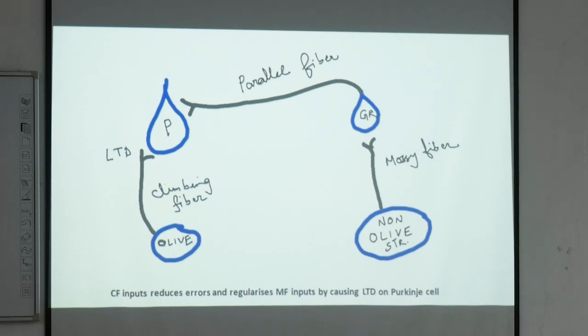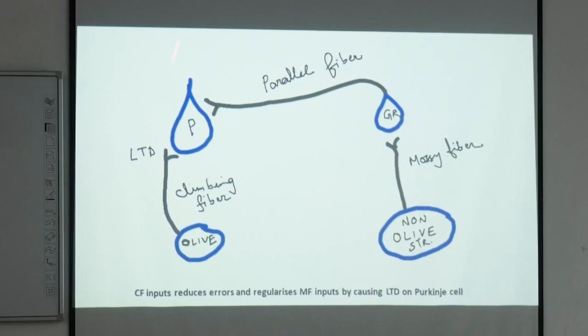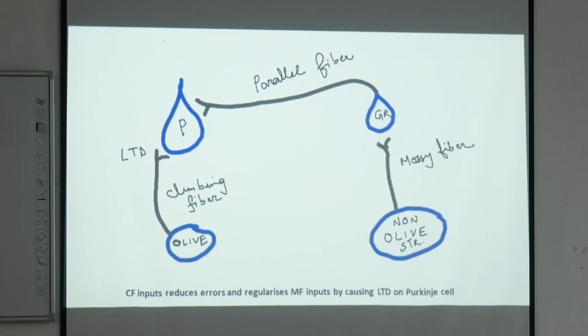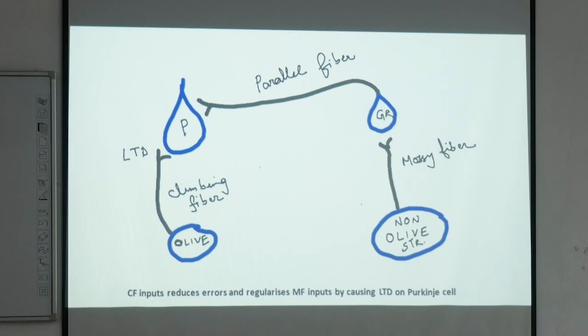The more your Purkinje cell receives input from non-olive structure, the more these climbing fibers will be activated. The more you practice, the more the climbing fibers will be activated, and these climbing fibers will apply long term depression on the Purkinje cells.